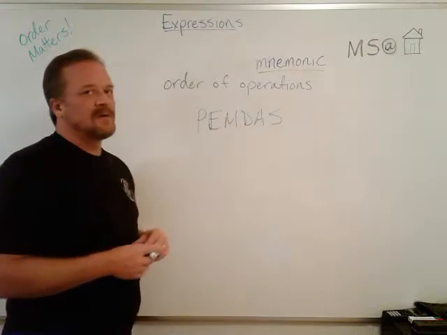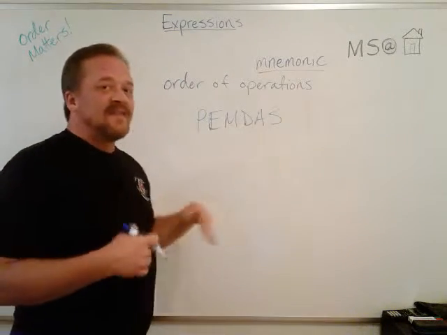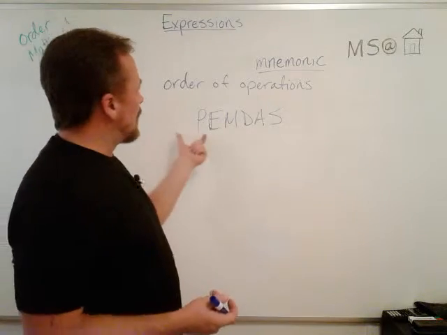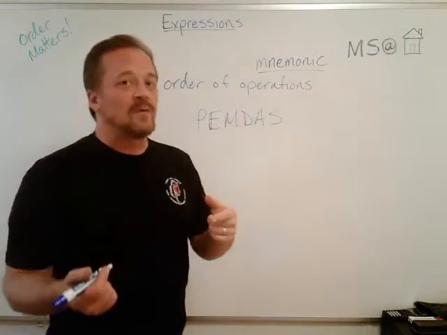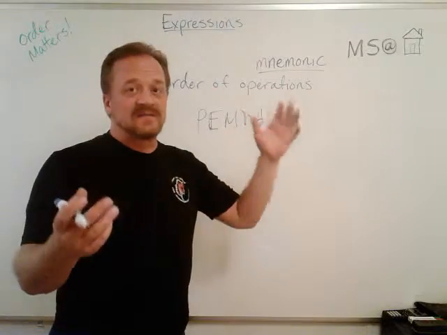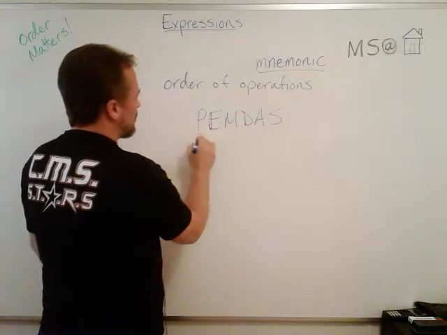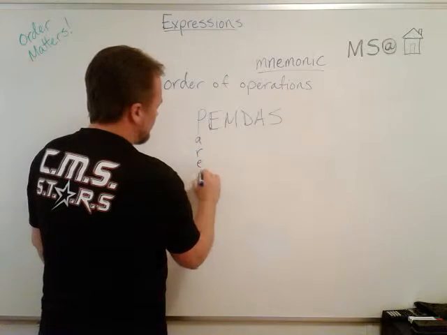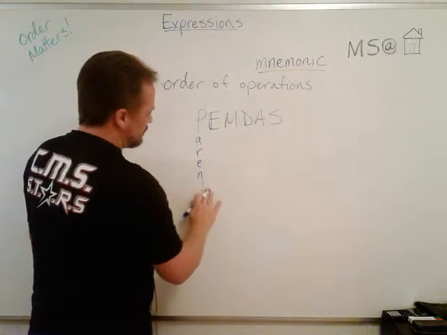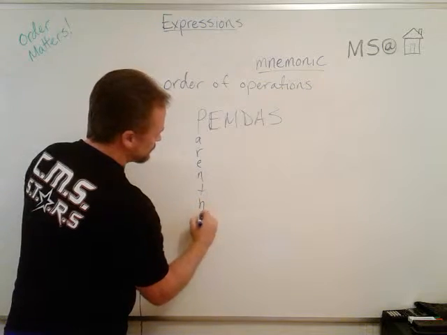What does this stand for? Well, from left to right, this is the order that you're going to do operations in order to evaluate an expression, okay? P, I kind of already mentioned it already. I'll list them downwards like this. Parentheses.